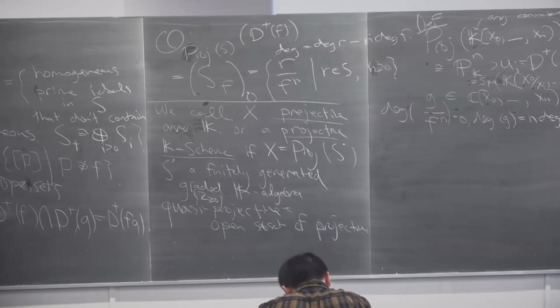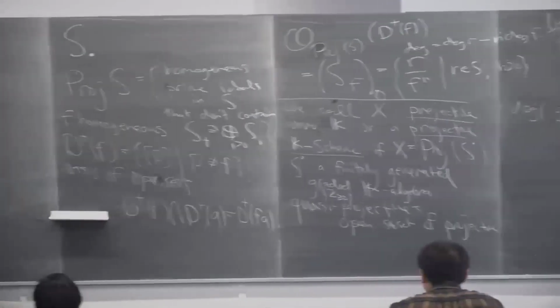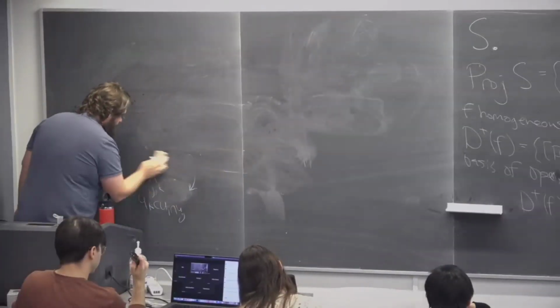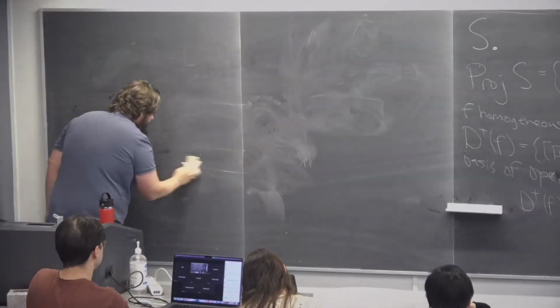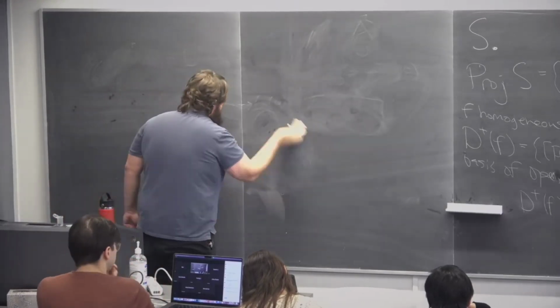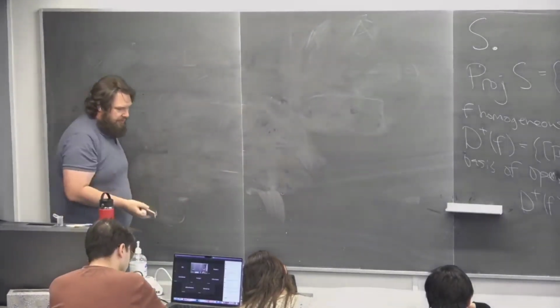All right, so this is sort of a nice supply of schemes which aren't just affine schemes, and they allow us to kind of combine thinking about non-algebraically closed fields, characteristic p things, etc., and projective stuff.